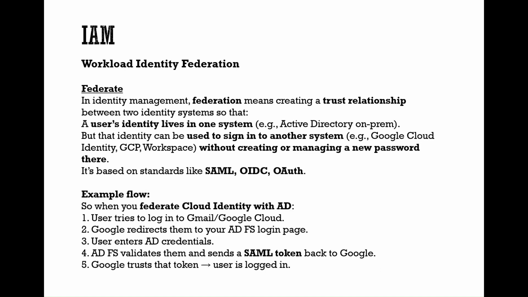Now I will quickly give you a simple example of the flow. When you federate a cloud entity with Active Directory, what happens? Let's say your on-prem application is trying to access Gmail and Google Cloud, but Gmail and Google Cloud don't know about you.